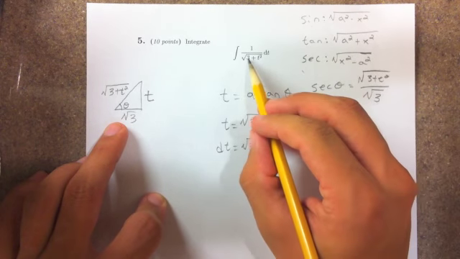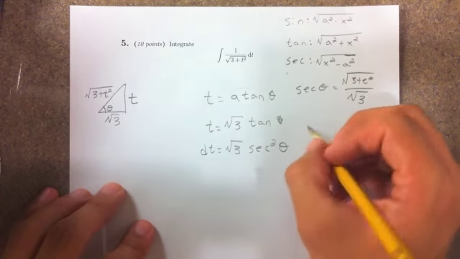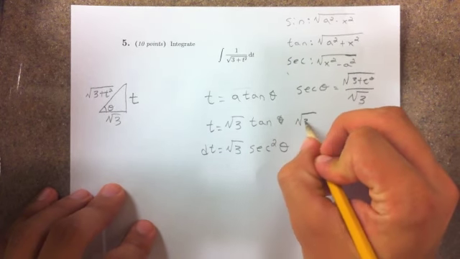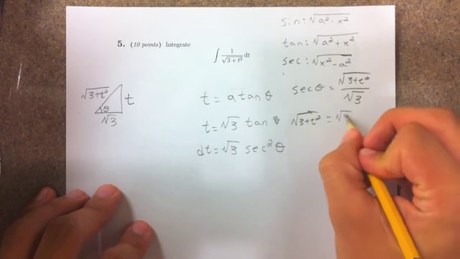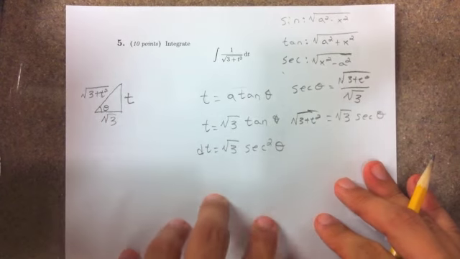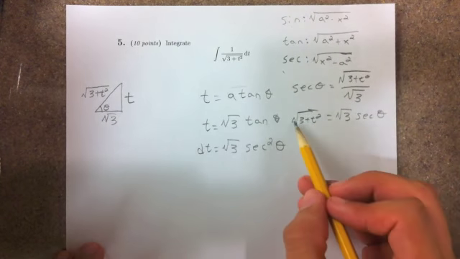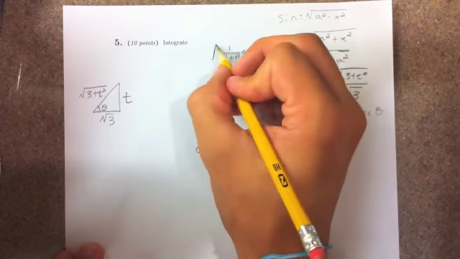And now since we just want to substitute this in for something, we're going to solve for it in this equation. So we'll find that root 3 plus t squared is indeed equal to root 3 secant theta. From there we can start plugging things in to make this problem look a bit easier.